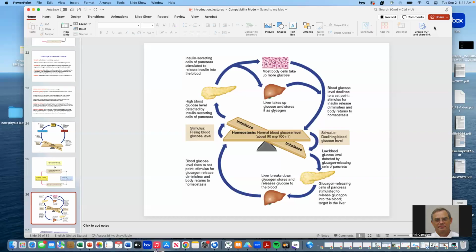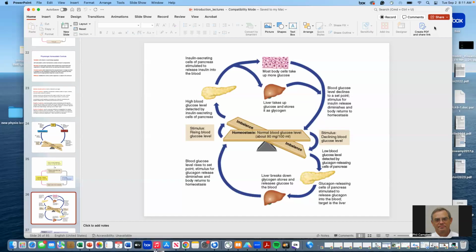So what happens is, again, the reduction in blood glucose is measured by receptors within the pancreas, a different set of cells, and the control center, which is also in the pancreas, decides that, oh, we need to elevate blood glucose levels.